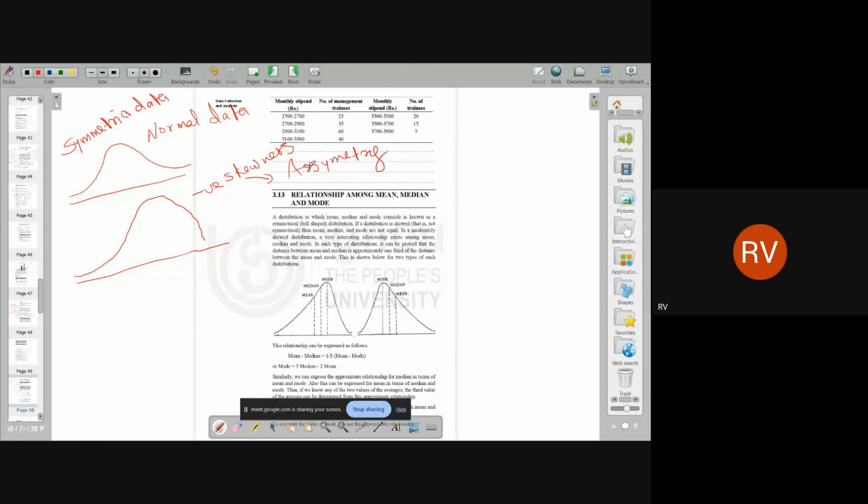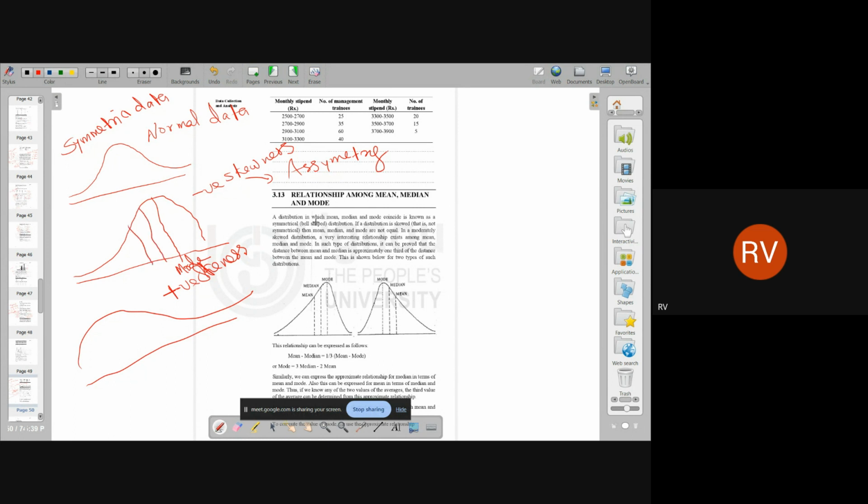This is negative skewness, asymmetric data. This is positive skewness. In negative skewness, this is the mode, the highest one, then the median, then the mean.